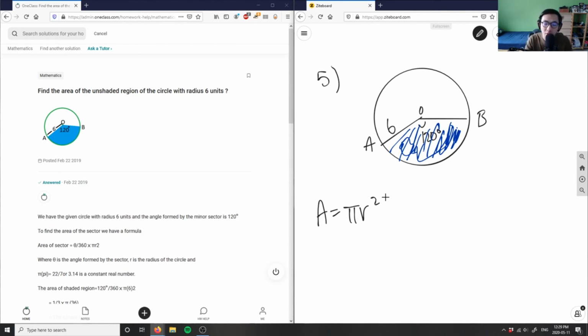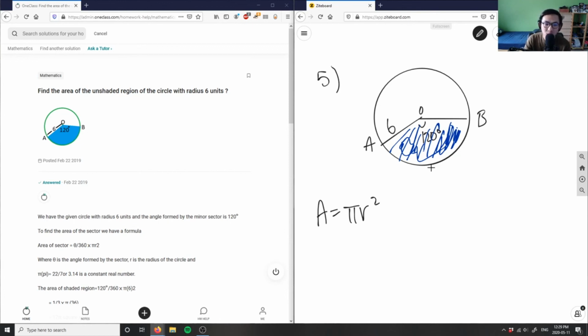So here, the area of a circle, or in this case, if it was the entire circle, 360 degrees, would equal pi r squared, right? However, I'm only looking at this shaded region here. So what percent of the circle would this make up? I would have to look at this percent and modify our formula.